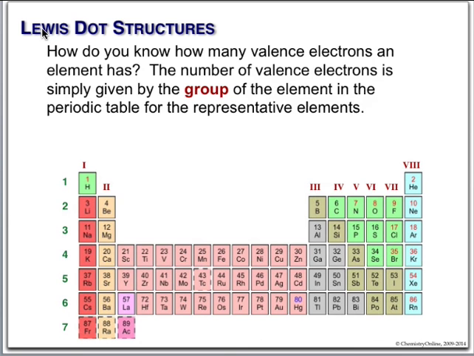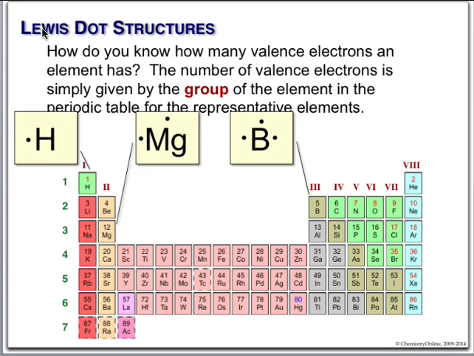When you are doing a Lewis dot structure, remember I said it was so nice just to number our main groups here 1 through 8. That's because the group numbers here, 1 through 8, tell us the number of valence electrons, nice and simply.